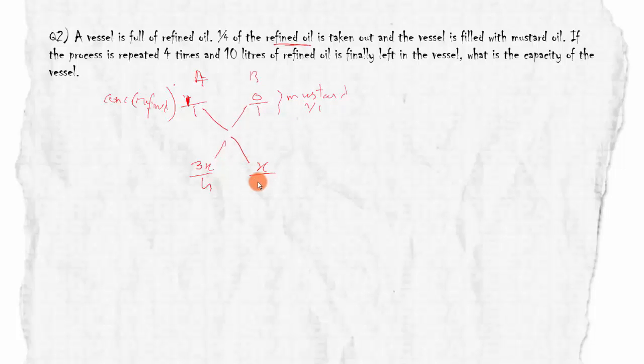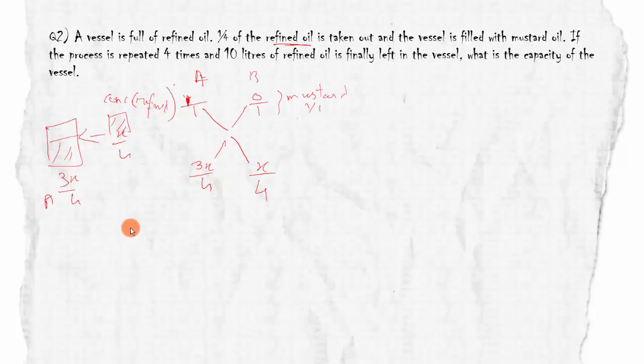And what are we mixing here? We are mixing x by 4 here, right? Remember, this was the case. Out of it, we had 3x by 4 liters of A left, and we mixed x by 4 liters of B, with respective concentrations of refined oil.